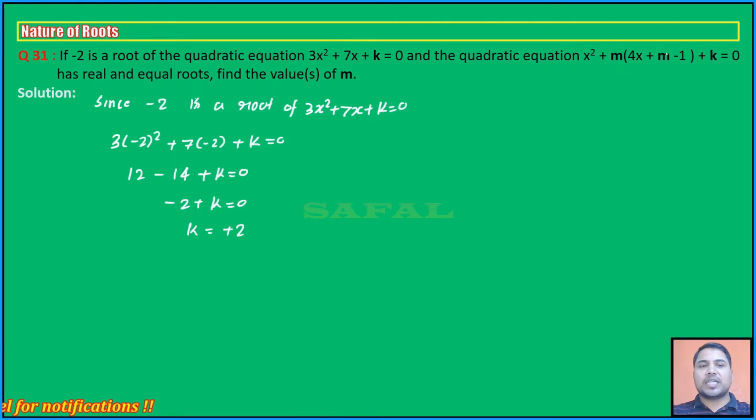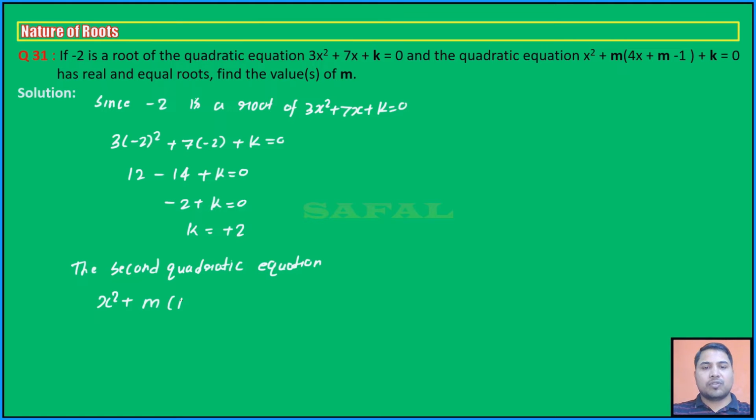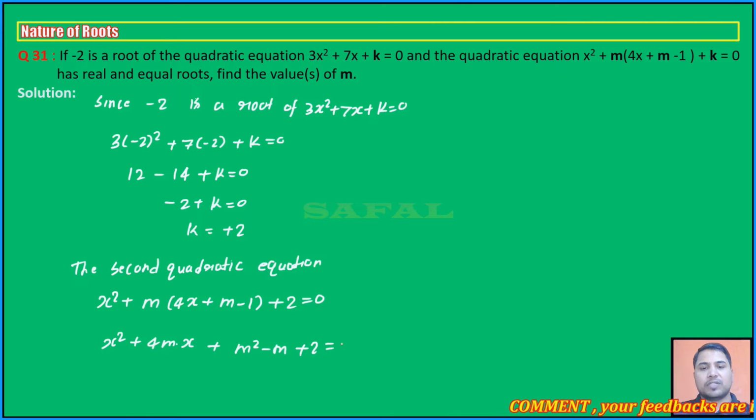Now what do we have to do? For the second quadratic equation, they are saying that it has real and equal roots. So let us try to write the second quadratic equation in standard form. So what we have: x square plus m times of 4x plus m minus 1 plus k, and what value of k have we found? 2. So we will substitute here. So let us write this equation in standard form. So this becomes x square plus 4m into x, then we will get m square minus m plus 2 equals 0.